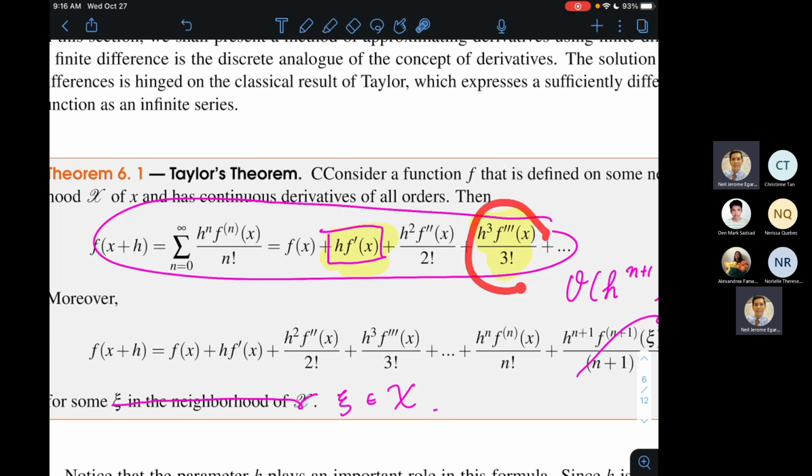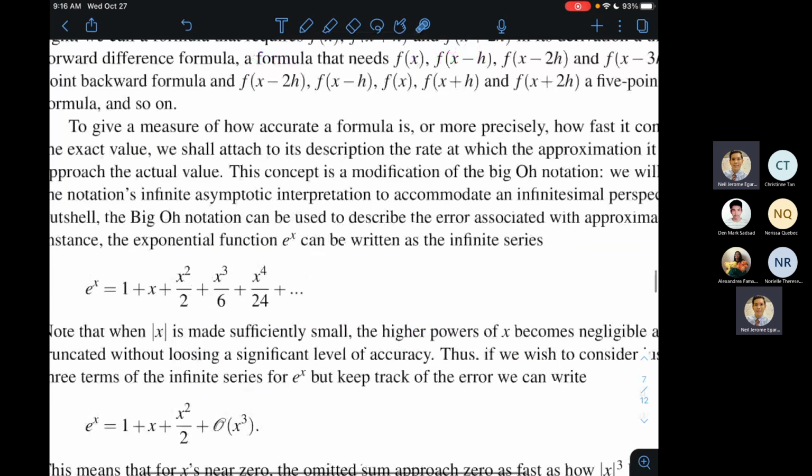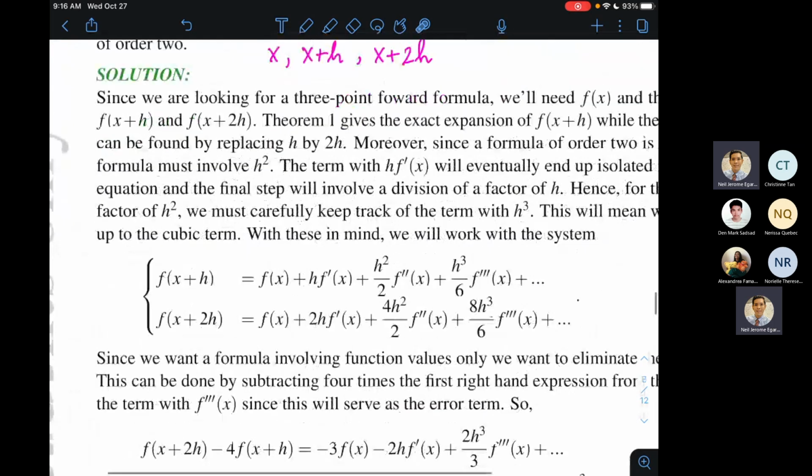So, ibig sabihin, this guy will get divided by h, so matitira na lang ay h squared. And that h squared will be factored into our error. So gusto kong matira yung h squared na yon para makakuha ng formula of order h squared or formula of order 2. So kaya, kailangan kong i-retain hanggang dito. And that's what was done here in example 6.1.